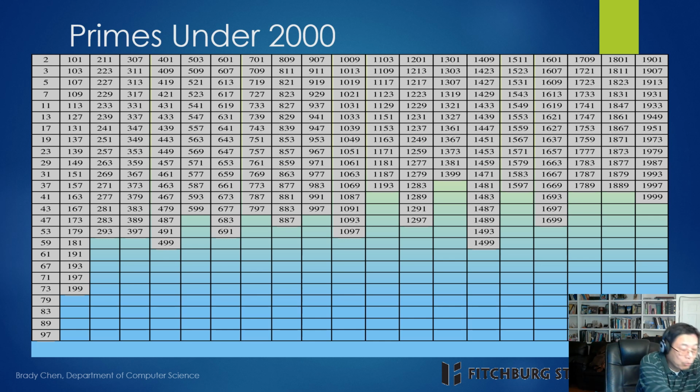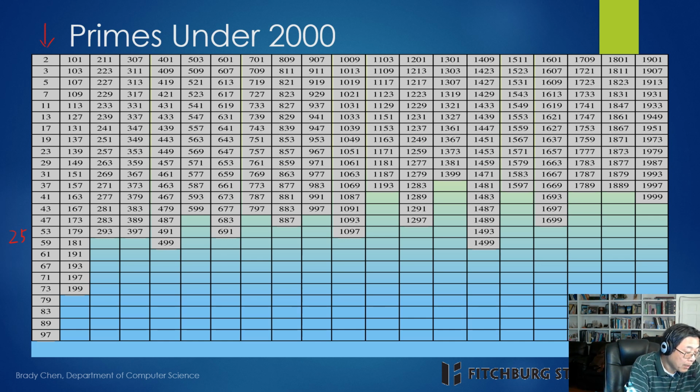We try to find a certain pattern, but we can't. For example, there are 25 prime numbers between 1 and 100, which is almost a quarter of the numbers between 1 and 100.